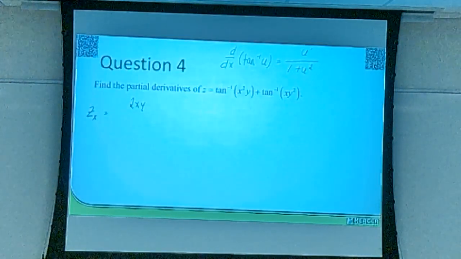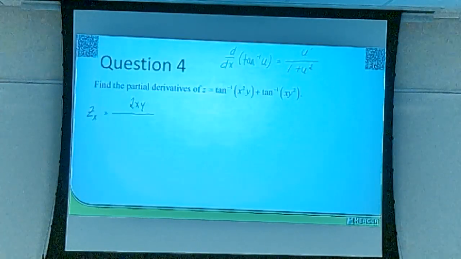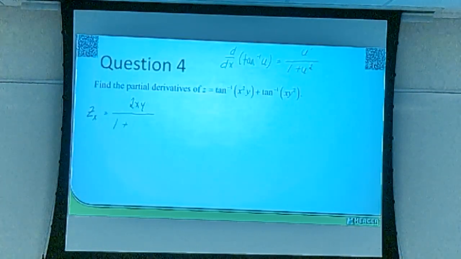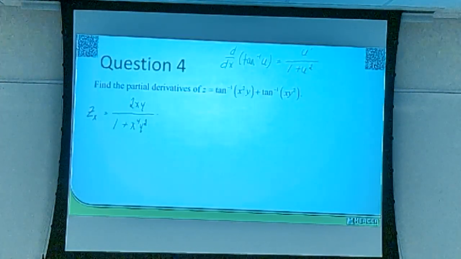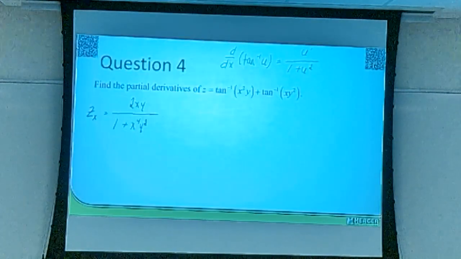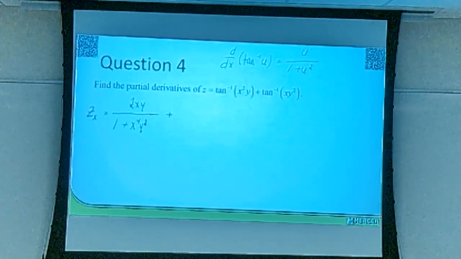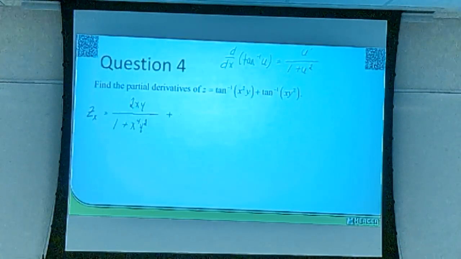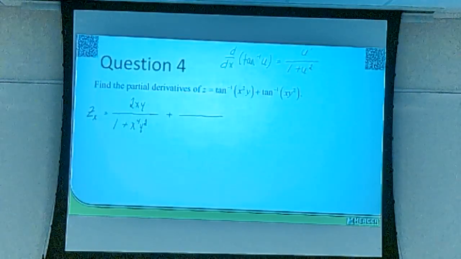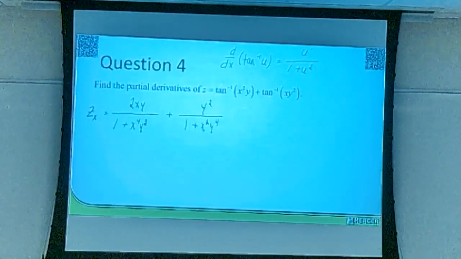Over 1 plus the square root we're taking the inverse tangent of, plus what's the partial with respect to x of xy squared? Just y squared, right? Over 1 plus the square. There's your partial with respect to x.